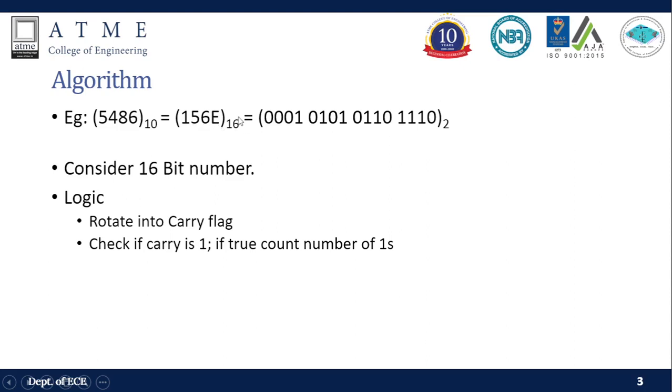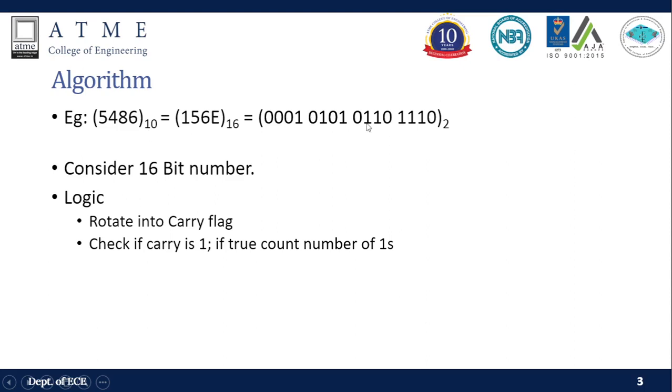And as we are already familiar with this, I'm not going to go into the depth, but the hexadecimal number system can very clearly be written into a binary stream based on the hexadecimal equivalent. So 1, 5, 6, and E. So that becomes the entire binary representation for the decimal number 5486 to the base 10.